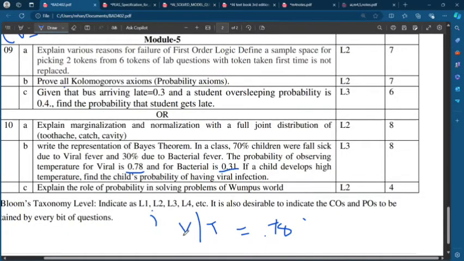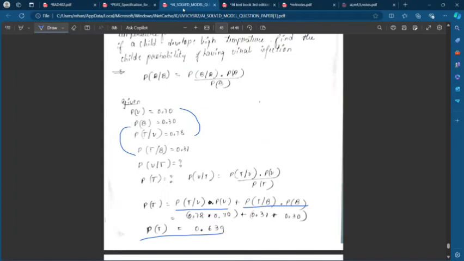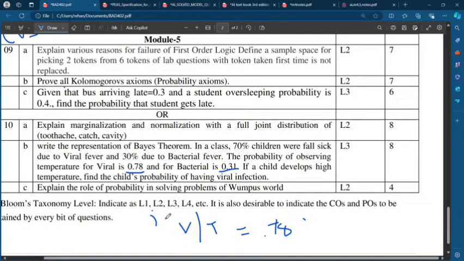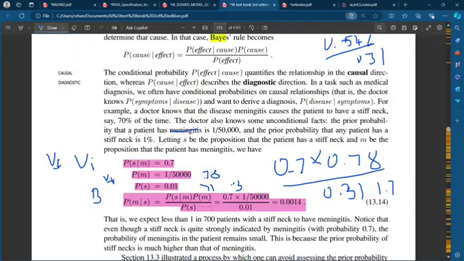Sorry, I wrote it the wrong way round. It should be T given V: temperature, given viral infection, is 0.78. Similarly, temperature, given bacterial infection, is 0.31.